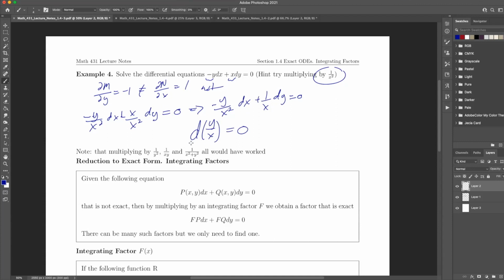If I totally differentiate this, I get dy this and this dy, because I don't know what y is. And if I differentiate this with respect to x, that means d of y over x is equal to c, or y equals cx.